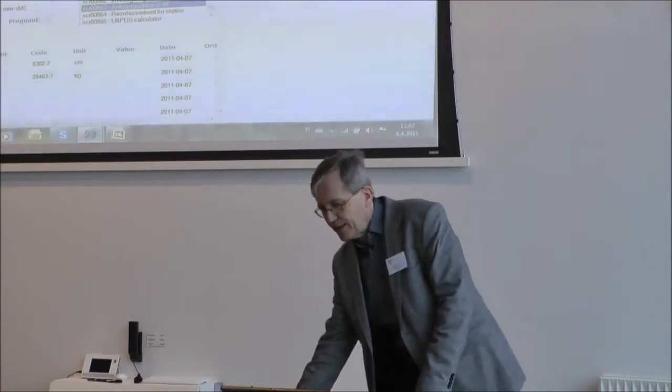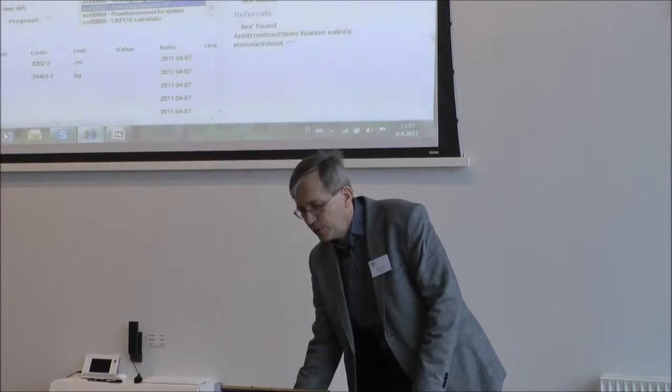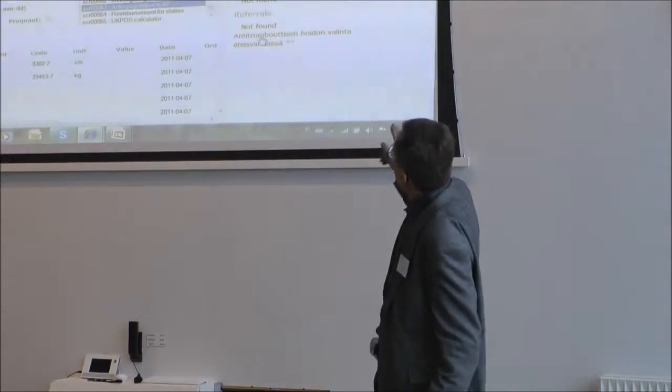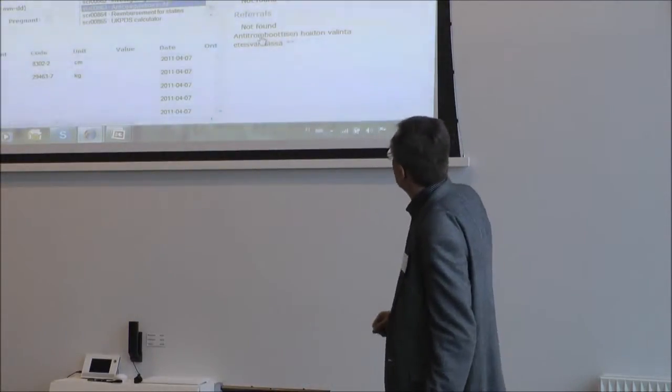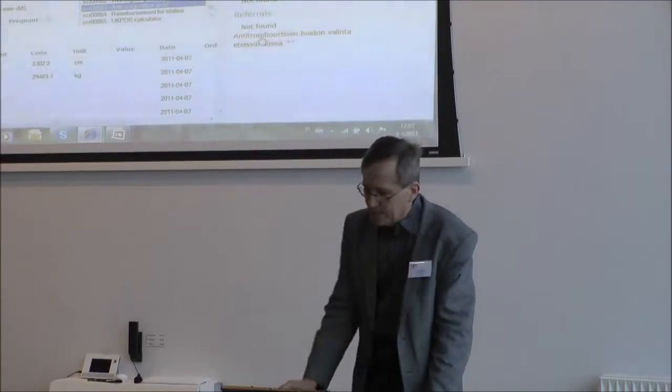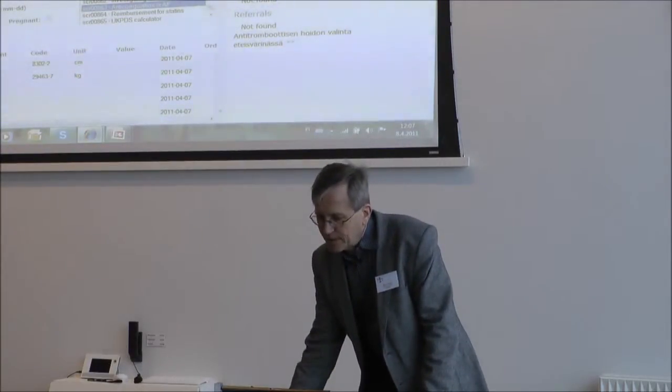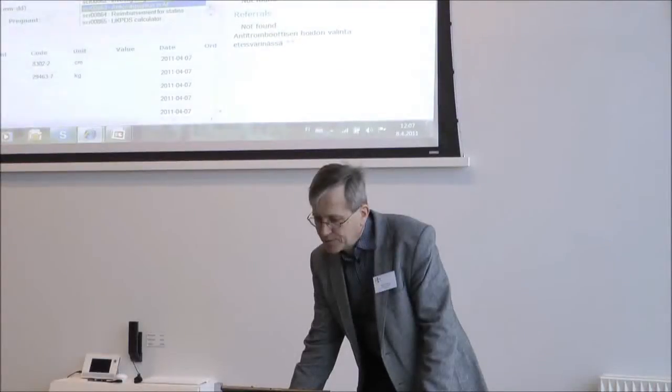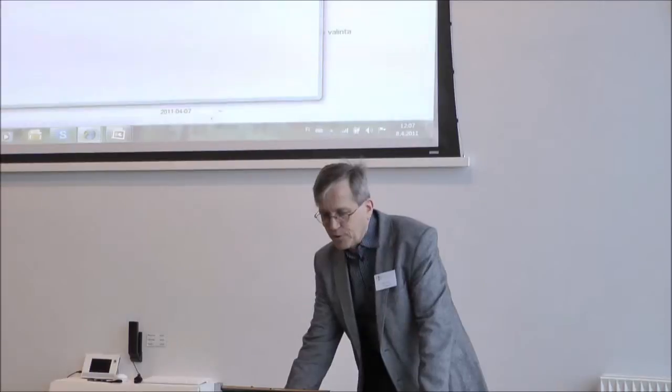Here is just one more feature. Here is a link, electronic forms, and automatically all the electronic forms are available. Now there is some Finnish language because this is just a test site, but for instance here are many types of forms, and this is the SCORE risk, it could be the Framingham risk.